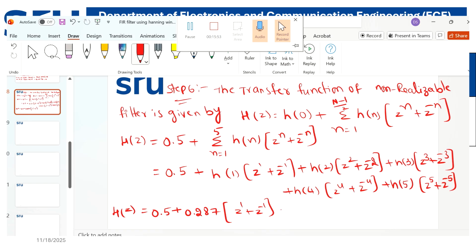In the remaining we have only two leftover terms, which are 0.0365, z power 3 plus z power minus 3. So h of 2 value is 0, h of 4 value is 0 and h of 5 value is also 0. In this case those values are zeros. If they existed, you would have to substitute those values. Next, give it as equation number 2.